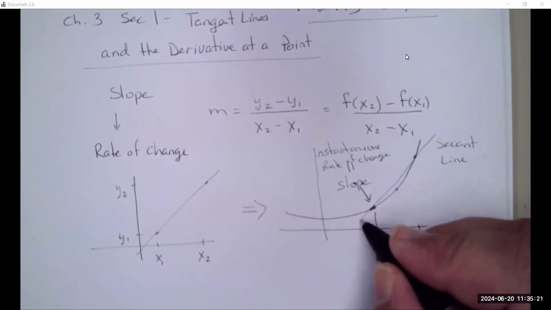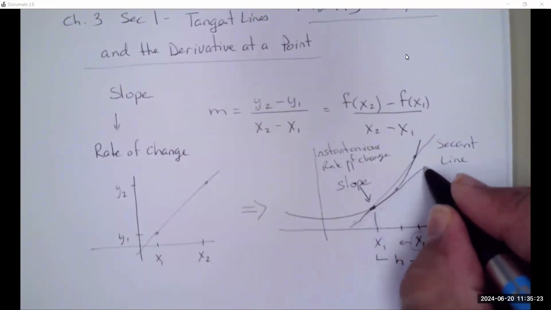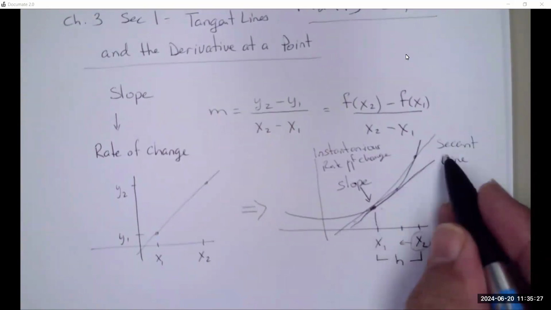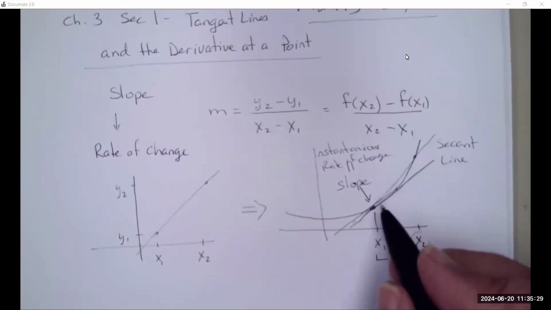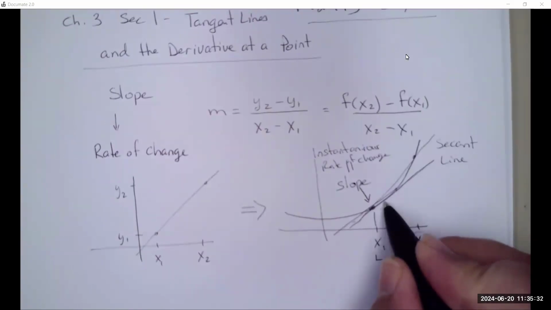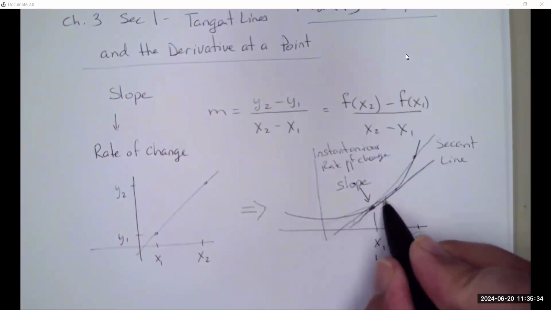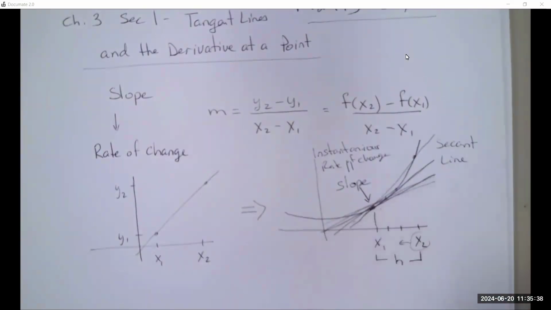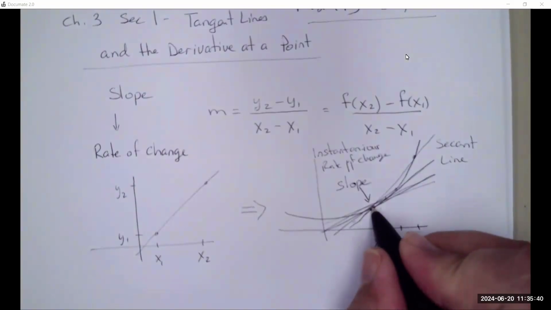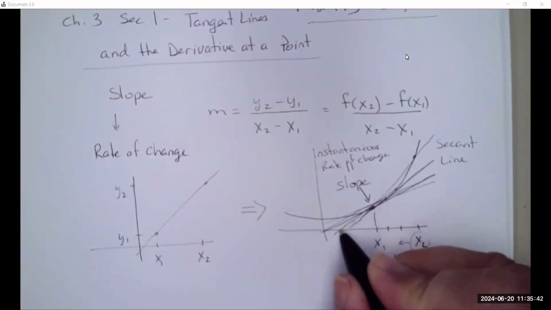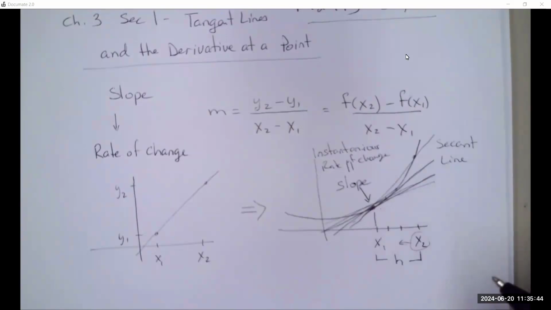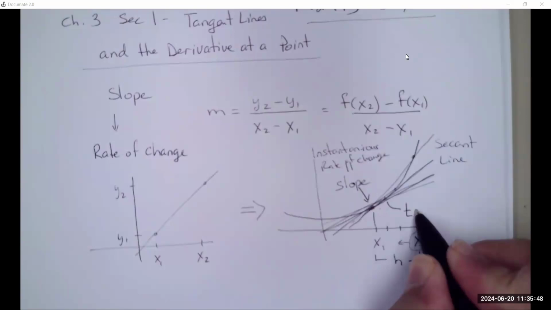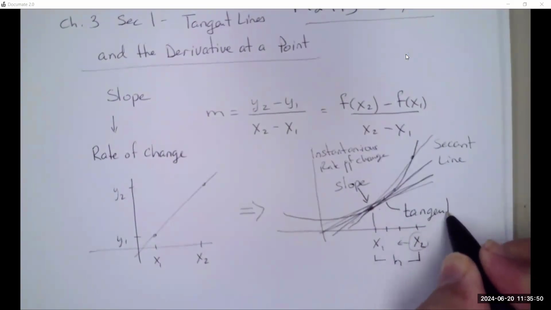So then at each point, that secant line was getting more and more like the graph we want to look at, the slope of the graph we want to look at. So eventually there's only one line that touches that curve at one point. And that's called the tangent line.